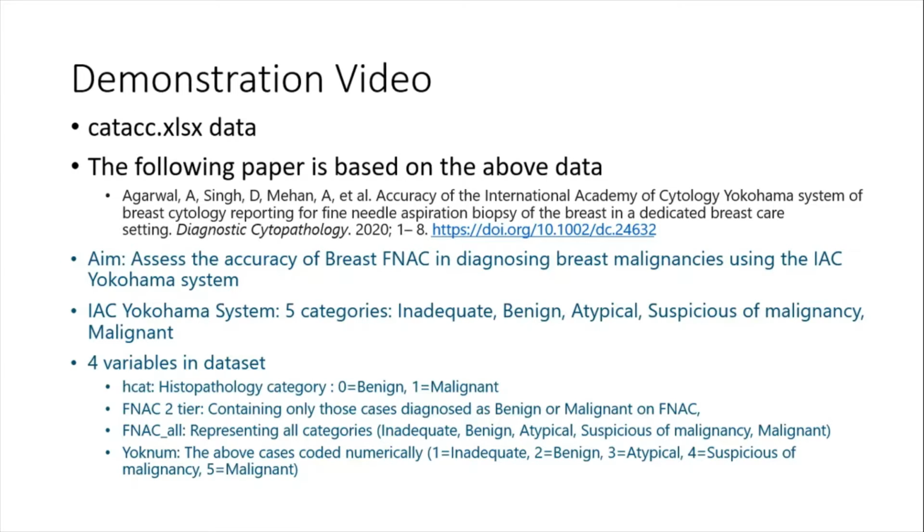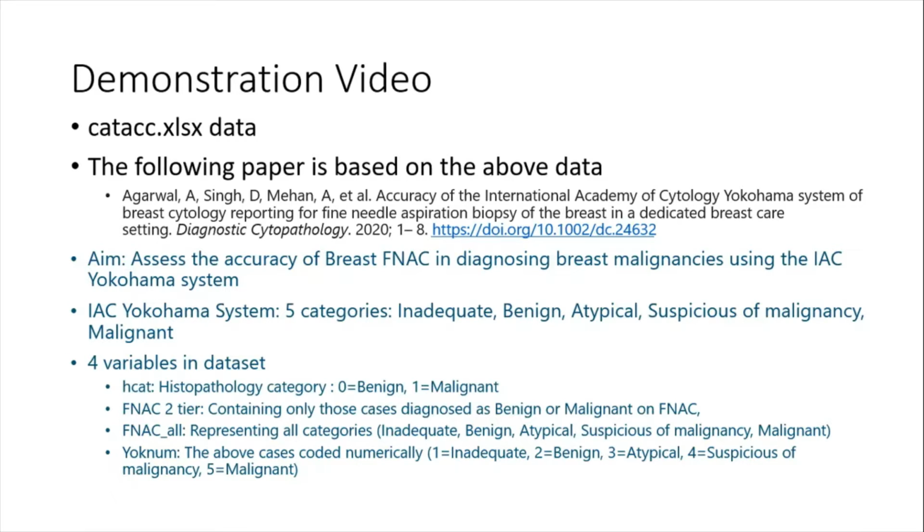Now, once we have talked about the various ways to assess diagnostic accuracy, either by sensitivity, specificity, or by ROC curves, it makes sense to see how it is done by a demonstration video. For this, we have a data set, the catacc.xlsx, and it is on this data that a publication has also been done by some of my residents.